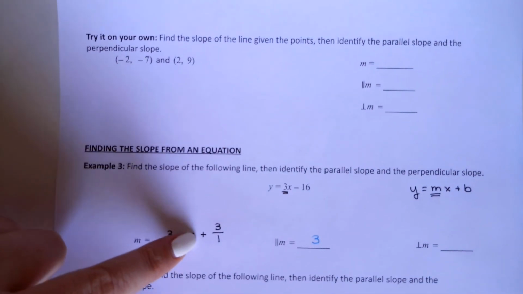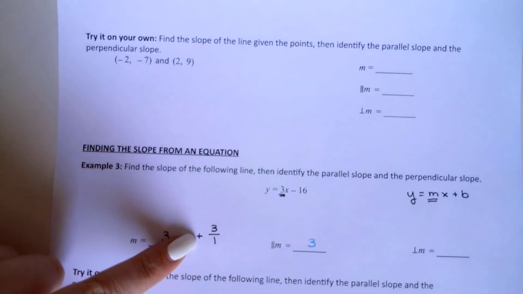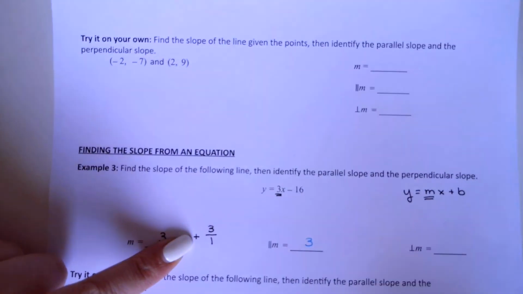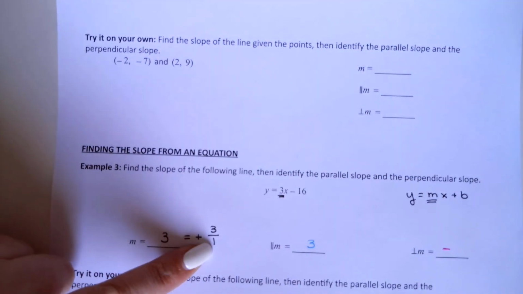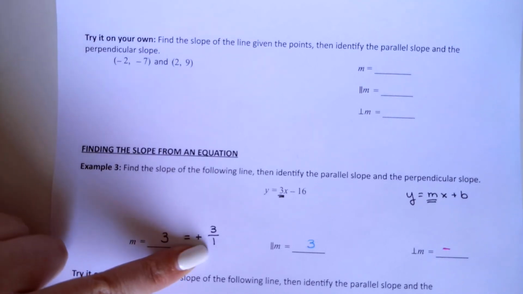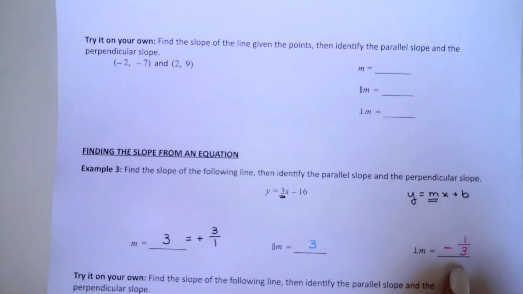But that's important to know because that's going to help me write my perpendicular. That's going to tell me, oh, I need the opposite sign. So if it's positive, mine should be negative, and I need the reciprocal of this number, so I have to flip this fraction. So if it's 3 over 1 for the regular slope, my perpendicular will be 1 over 3. And I can't simplify that anymore, so that's my perpendicular slope.